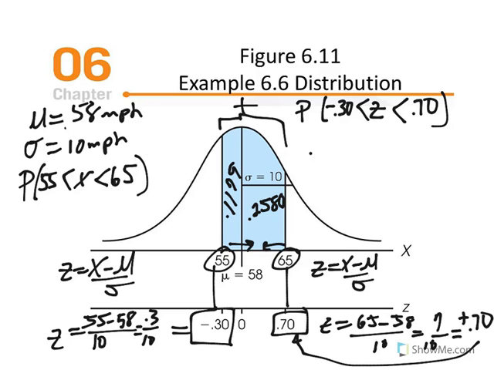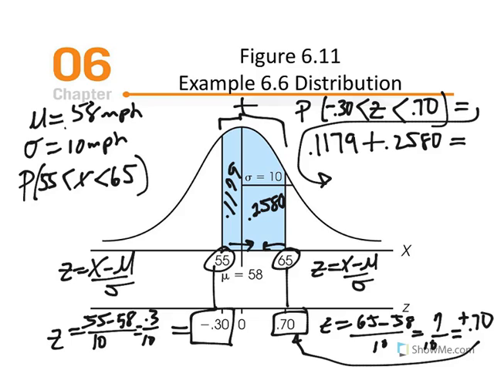So we take 0.1179 added to 0.2580. So in our calculators, let's take the summation of those two proportions, and we should get a proportion equal to, so to answer this question, we would respond that the proportion of cars traveling between 55 and 65 miles per hour is equal to 0.3759, or we could think of it as there's a 37.59% chance that if we pulled someone over, they would be traveling between 55 and 65 miles per hour.